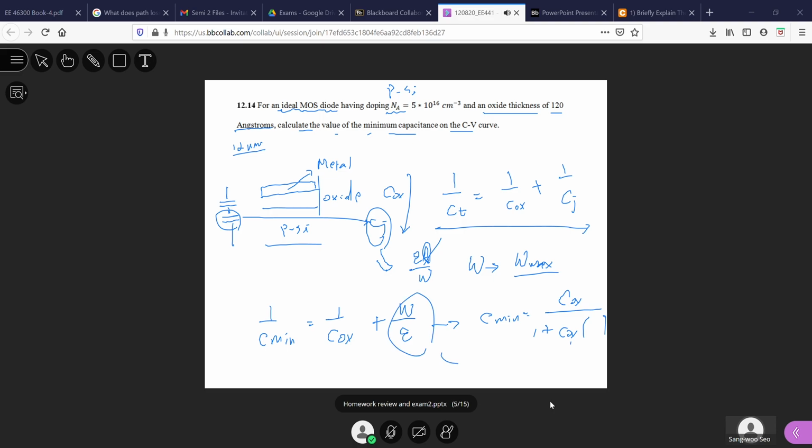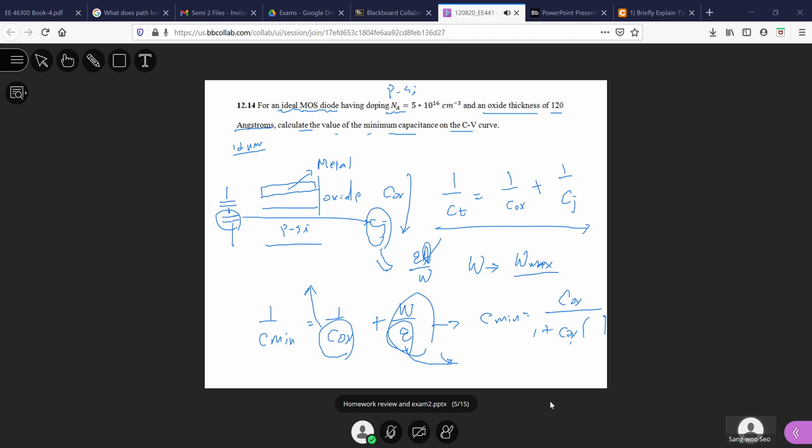Now we just follow the calculation here. For epsilon in the semiconductor, we put this value, so that's the given number.